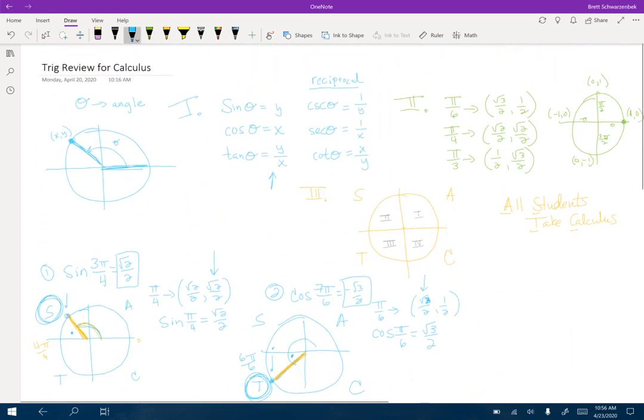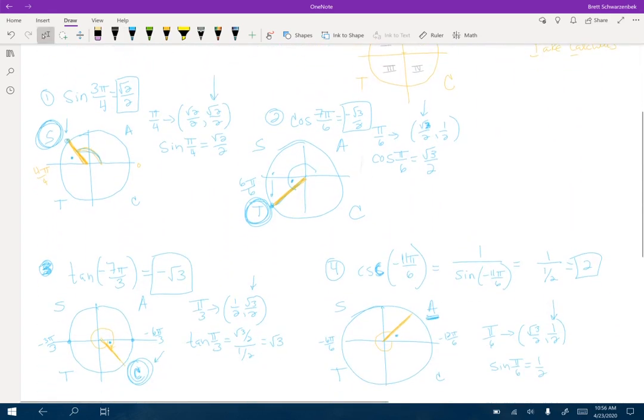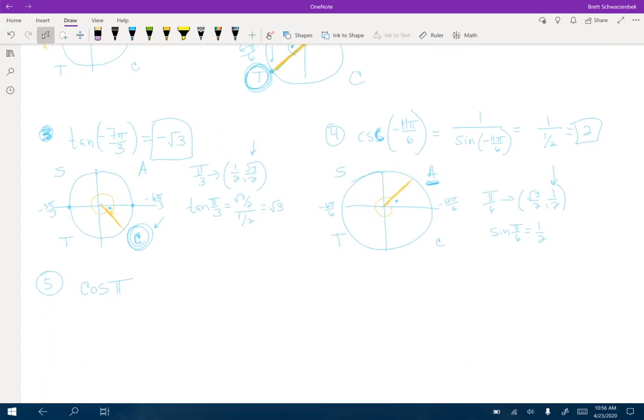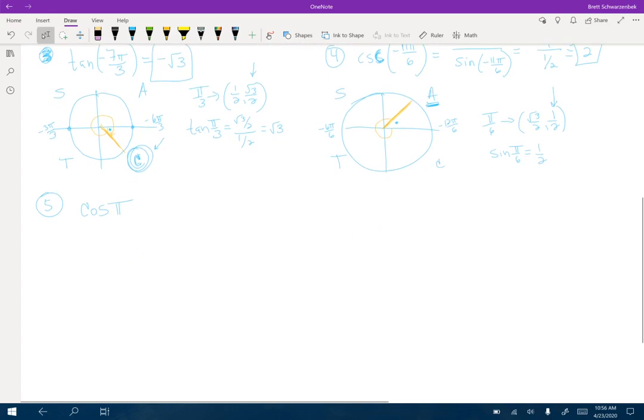So pi is actually located on an axis, right? So if we look at our unit circle, pi is actually here at the coordinate -1, 0. Okay, that's our rotation right now, in the positive direction of pi. So that changes things a little bit.